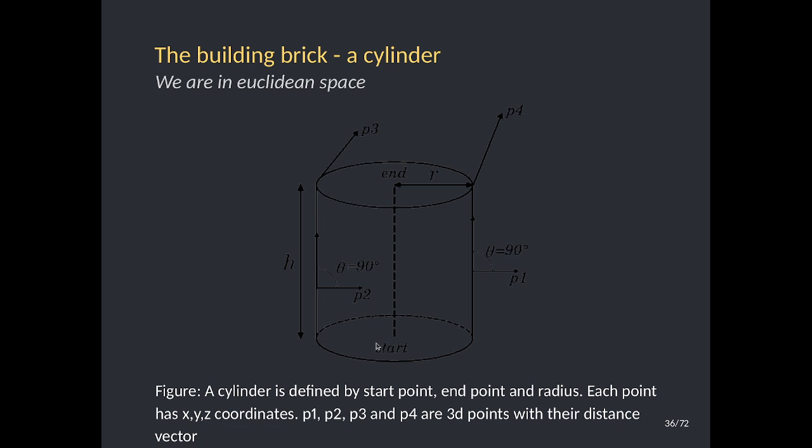A cylinder is defined by a start and an endpoint that both have x, y, z coordinates, so 6 parameters for start and end, and a radius, which is the 7th parameter. In that picture we see P1, P2, P3 and P4, those are points, and the vector is the distance vector from the point to this cylinder. So, well, it's just simple geometry.